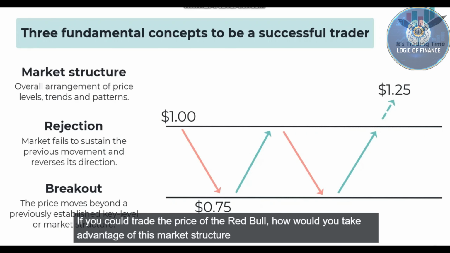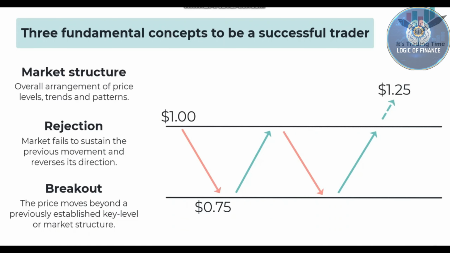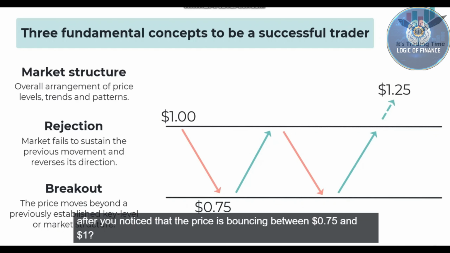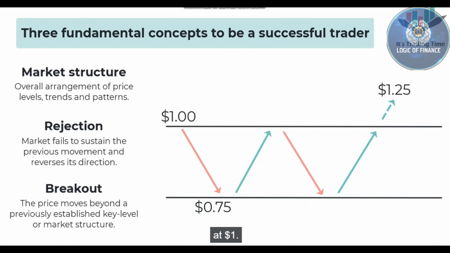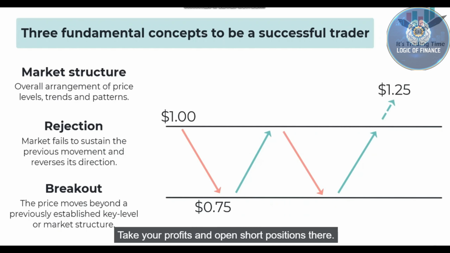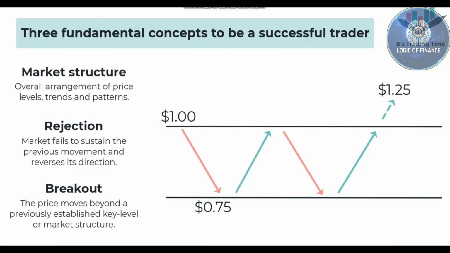If you could trade the price of the Red Bull, how would you take advantage of this market structure? After you notice that the price is bouncing between 75 cents and $1, you could open long positions at the bottom when the price is at 75 cents and close your long positions at $1. Take your profits and open short positions there.